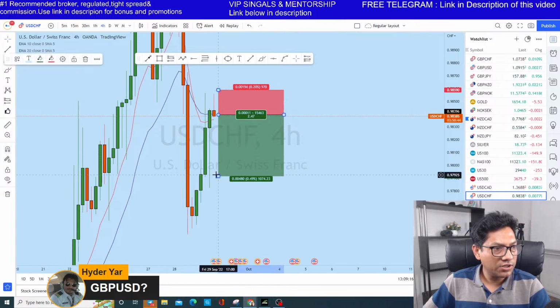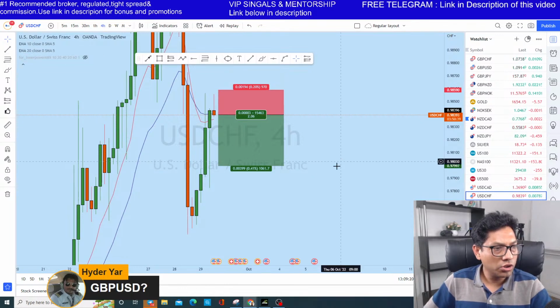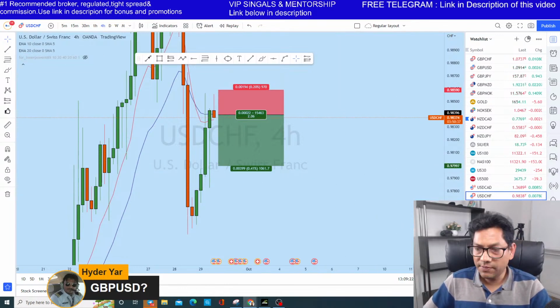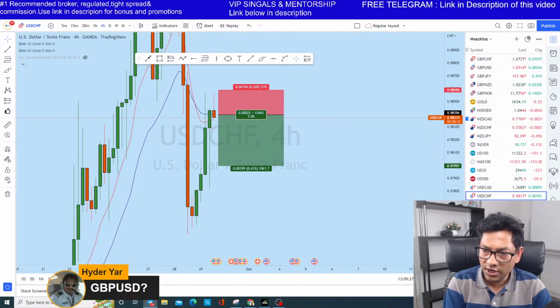I'll send the same trade to our VIP students. A tight stop loss, 20 pips stop loss, take profit at 0.9799. This is only for educational purpose, not any kind of investment advice. So this is the sell trade on USD CHF.